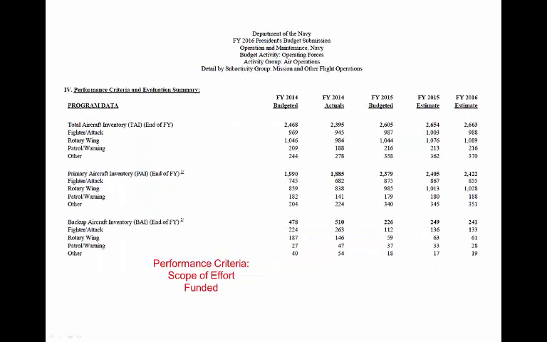Also provided in the budget is information about the scope of the effort that's funded. And here we have inventories of aircraft to help Congress understand why we're asking for the amount of money that we are. And one would expect as the number of aircraft increases, the requirement for funding would increase proportionally.